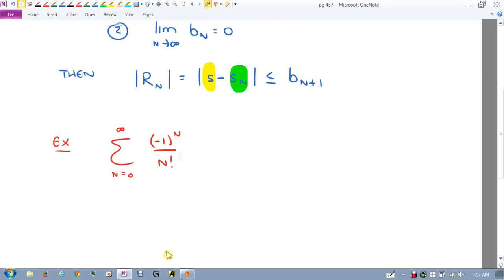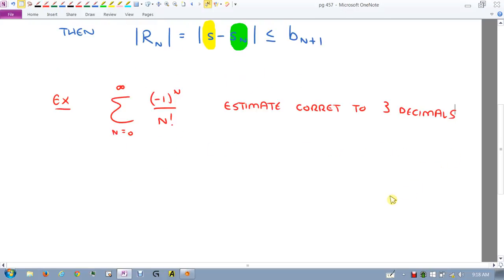My question here is, find an estimate correct to 3 decimals. So I want you to tell me what that adds up to, and I want you to be correct within 3 decimal places. I want you to be within 1/1000th of the correct answer.